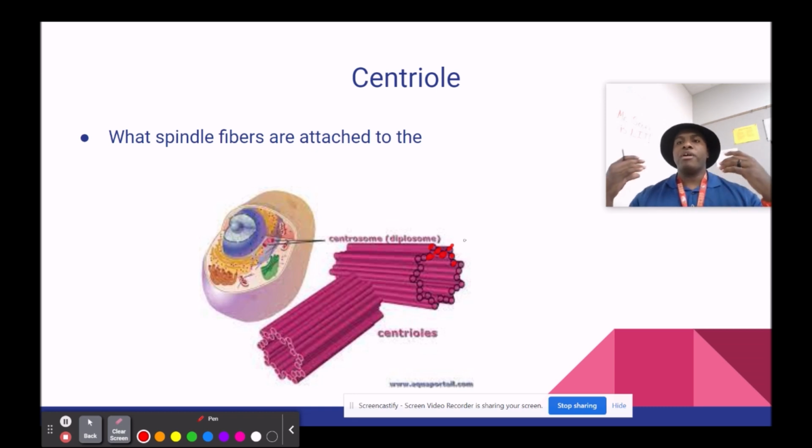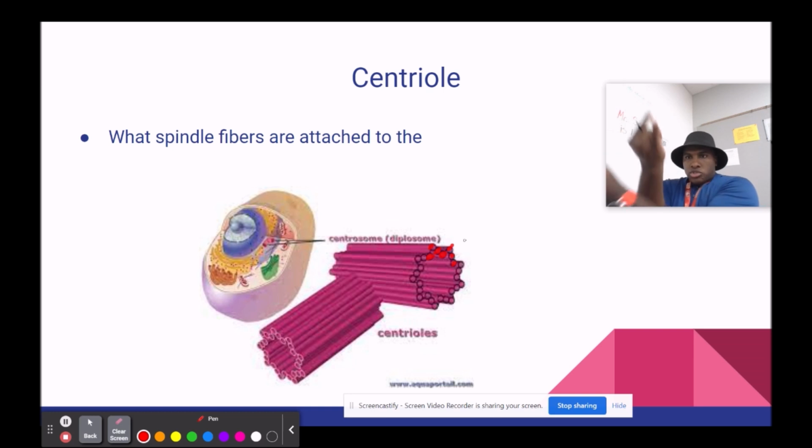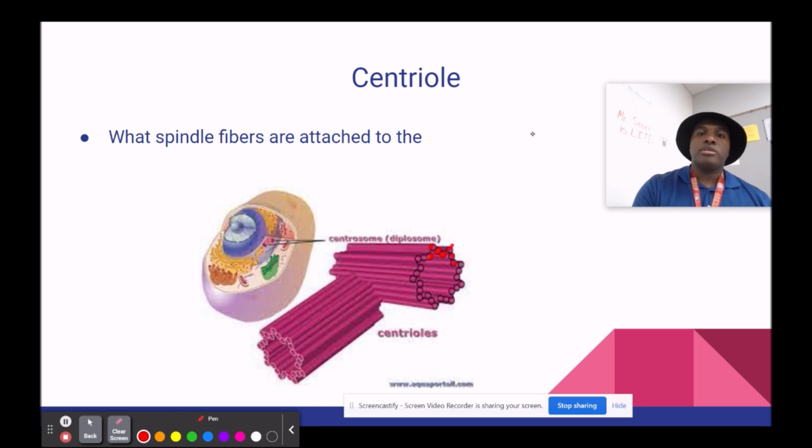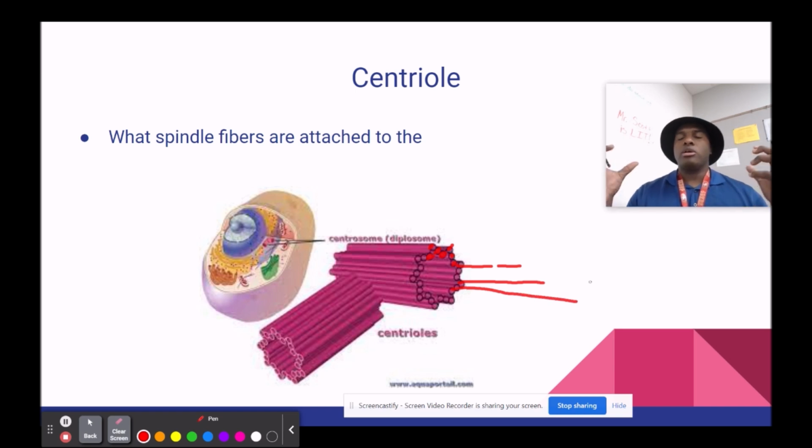If you've ever seen Spider-Man, how he shoots webs out of his wrist, the centrioles do the same thing. The spindle fibers start to come out at a point. So it comes out of the centriole, grabs a hold of the chromosomes, and then pulls them apart.